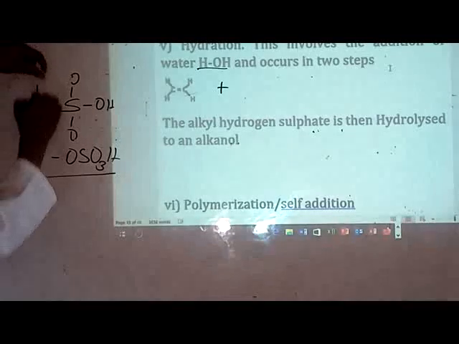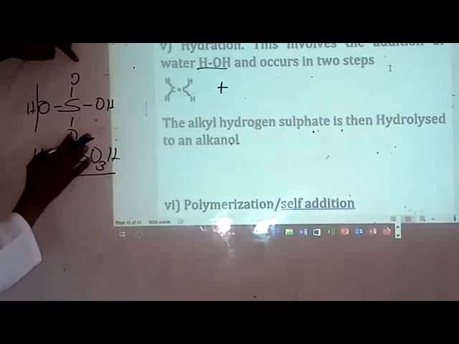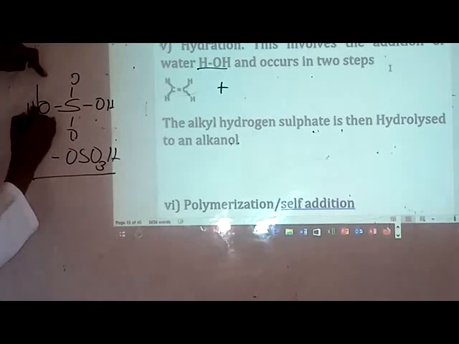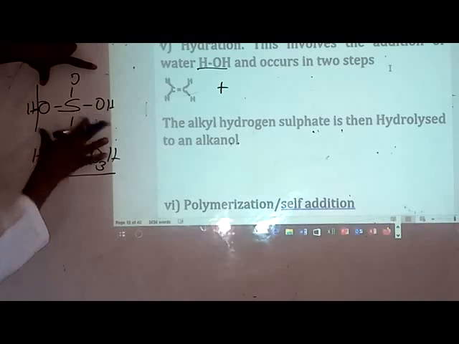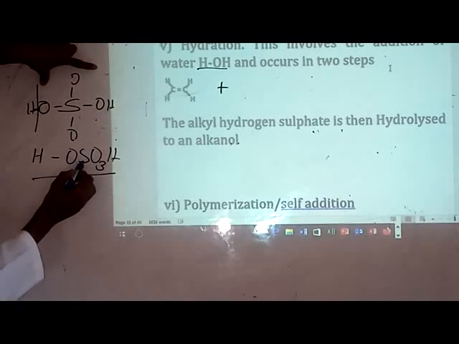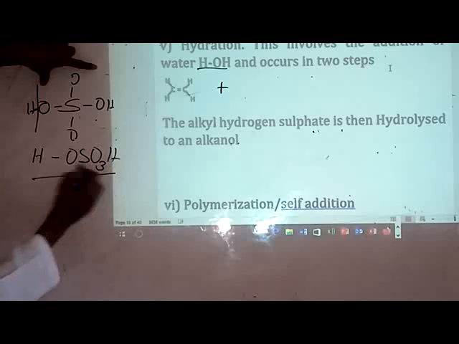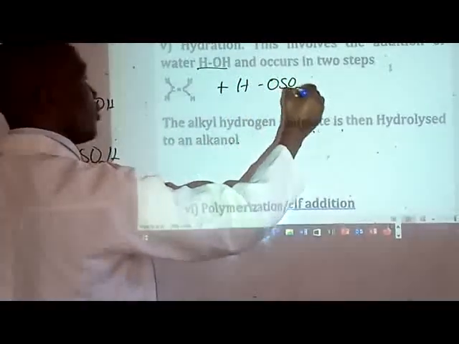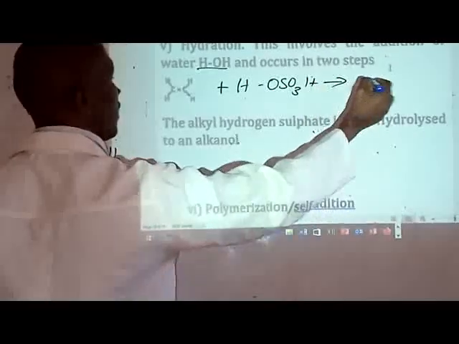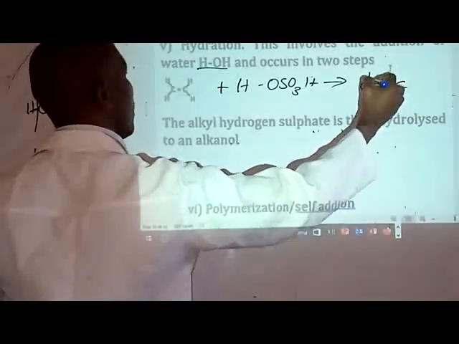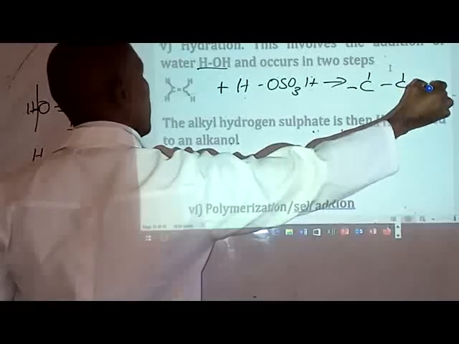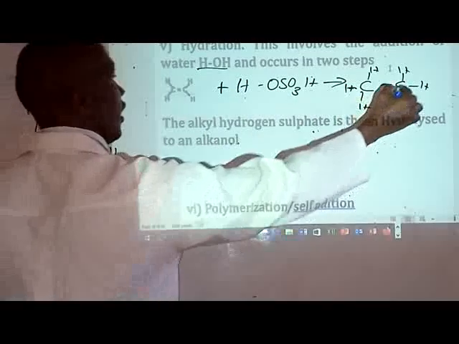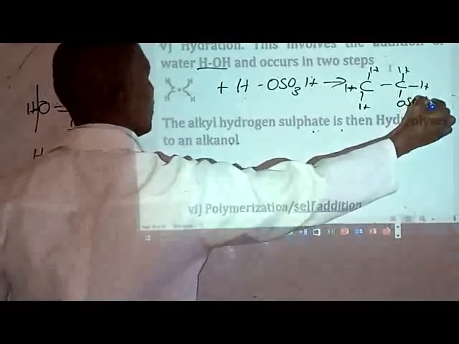Take that hydrogen, that bond, then combine this part to this O that is attached to sulfur. So I will combine that with H, OSO3H, and what do I get? Break the double bond. Then attach H here, and attach OSO3H on the other.